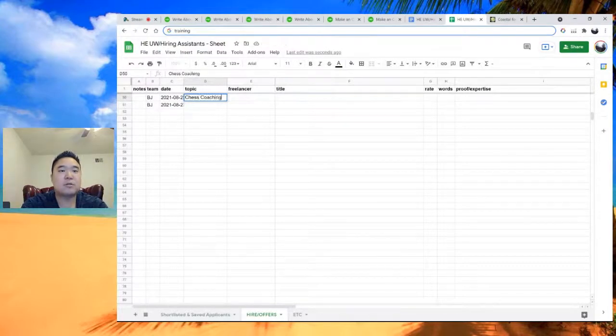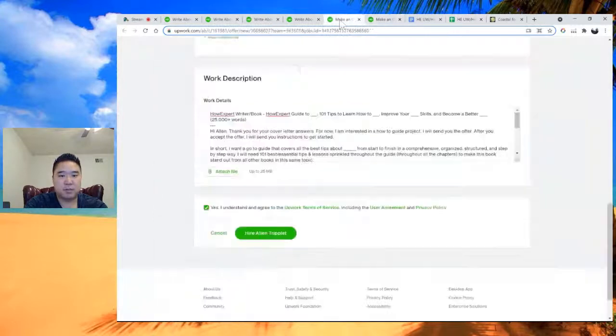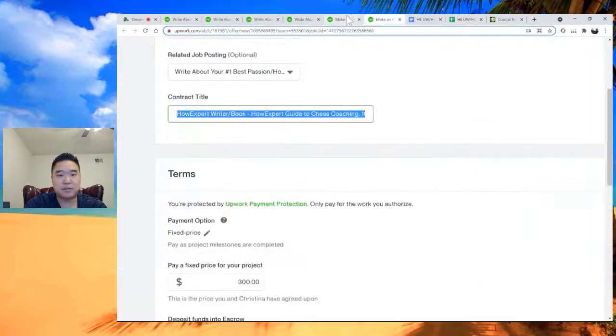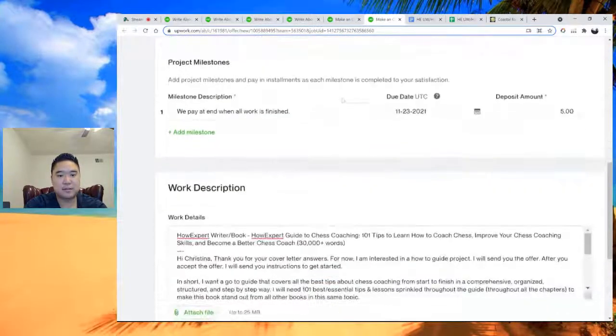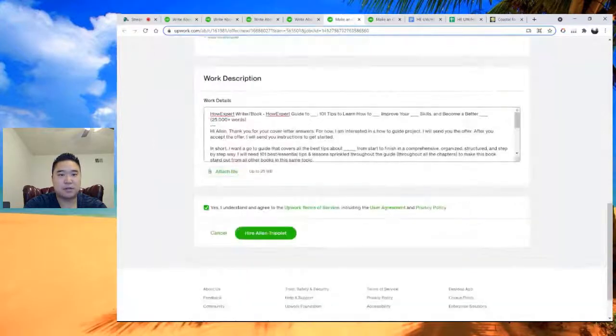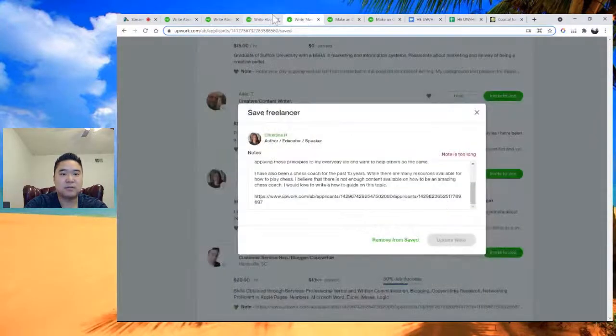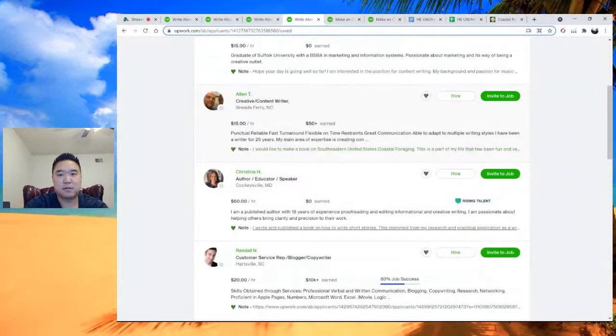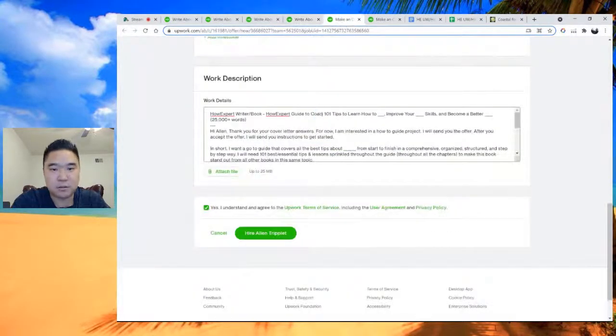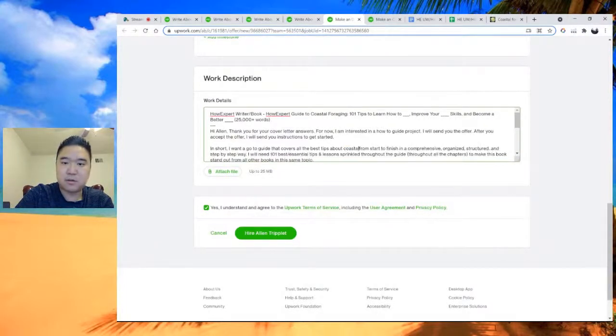Coach. Okay, the first topic. The other person's topic. Oh, yeah, we didn't do the other person's topic, right? Let's do the other person's topic. Coastal foraging. About coastal foraging.